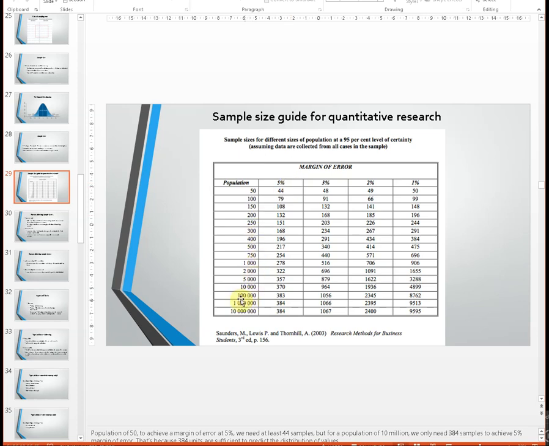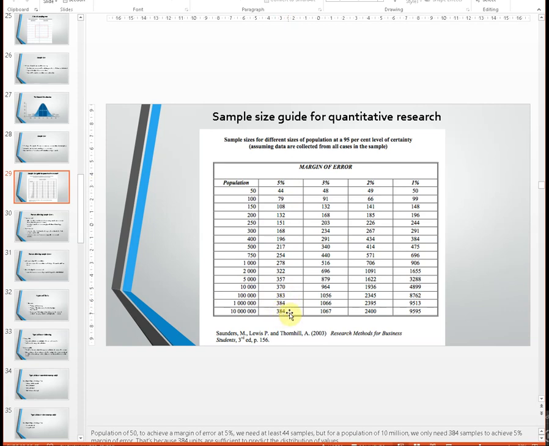So, for example, if we want to represent the whole population of the UK, which is more than 70 million, you can see that it's actually beyond the population table listed here. It goes all the way up to 10 million. However, as you can see, as soon as the population size approaches beyond 100,000, the 5% margin of error sample size hasn't really changed much.